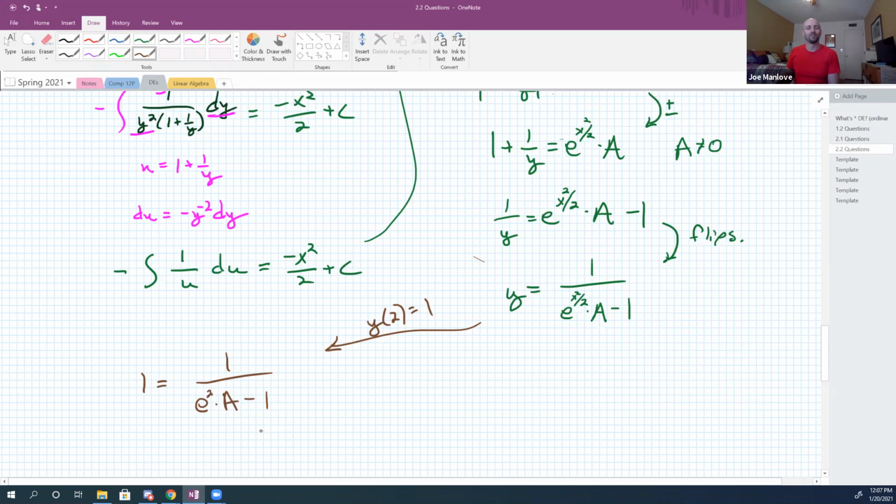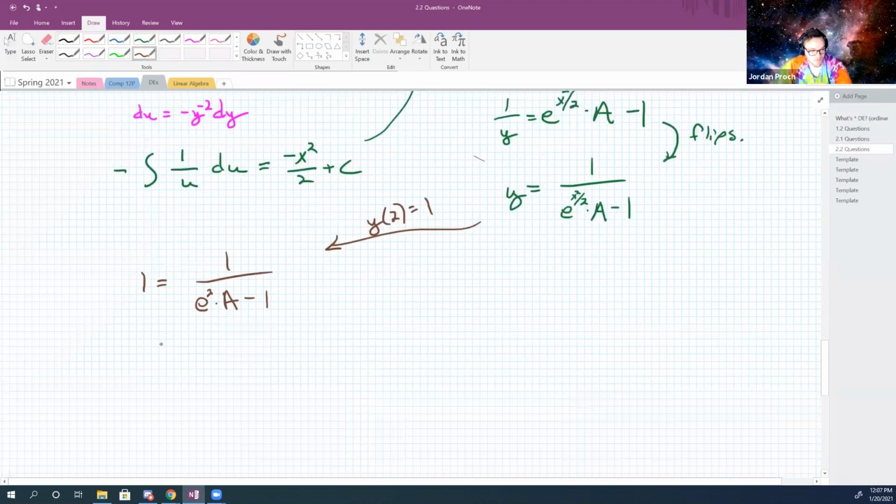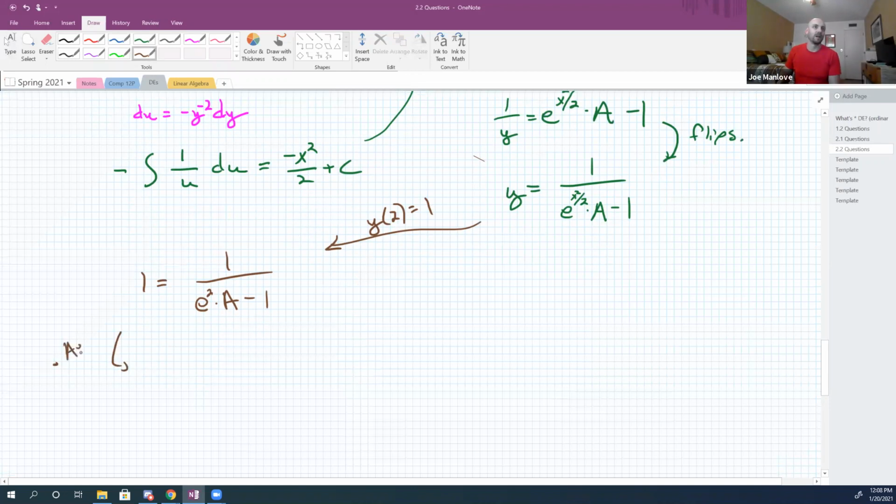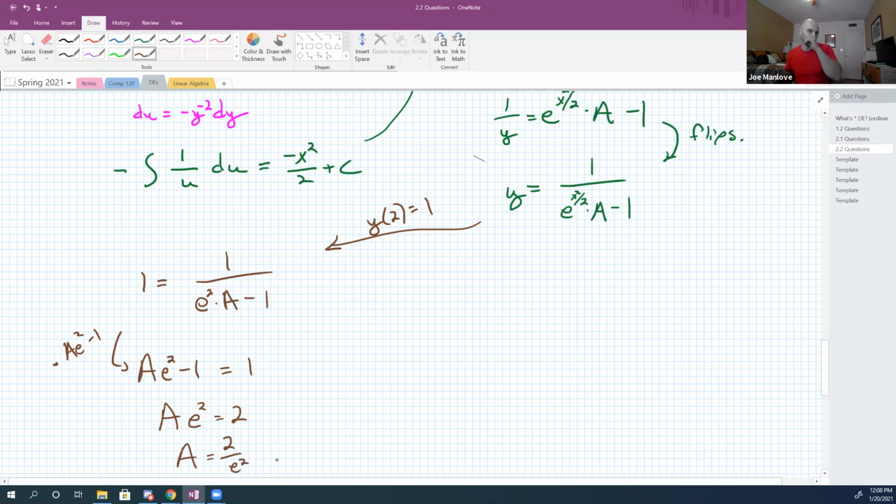Okay, so aside from some weird algebra, this shouldn't be too bad. I need to multiply both sides by a e squared minus 1. So I got a e squared minus 1 equals 1. So a e squared is 2, so a is 2 over e squared. Seems real weird.